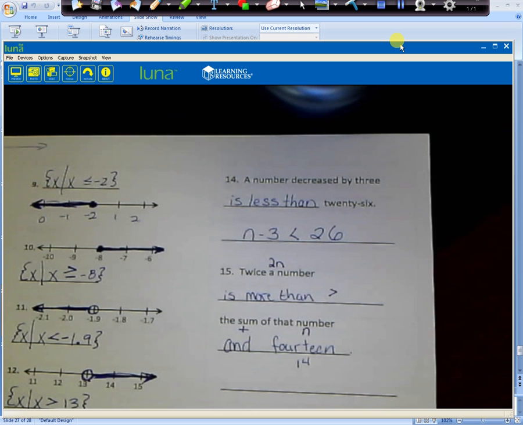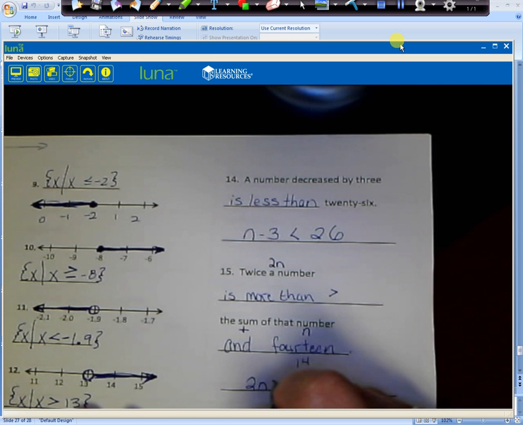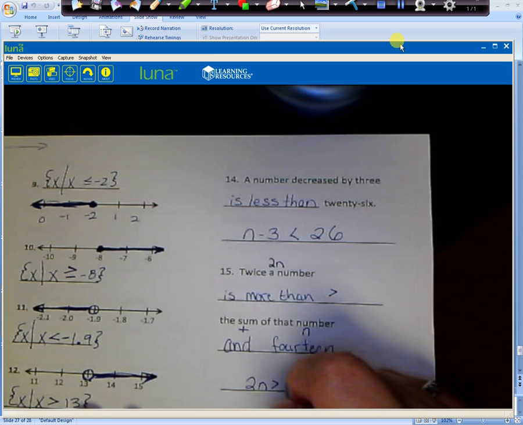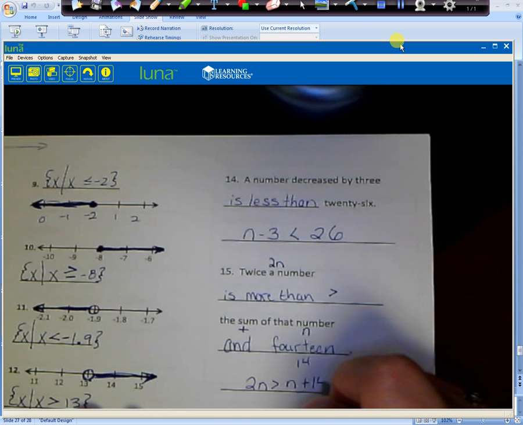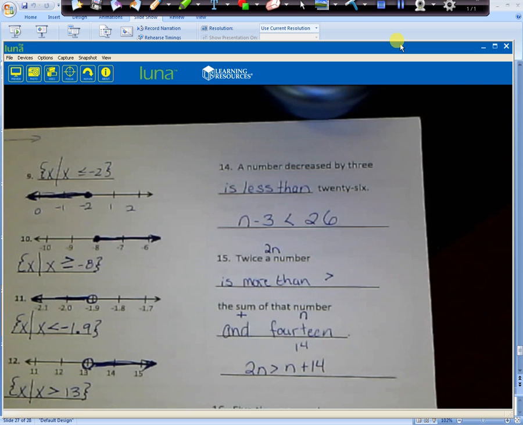So I'm going to put all that together, and it's going to be 2n is greater than n plus 14. Please make sure that you have that all on your worksheet before you move on.